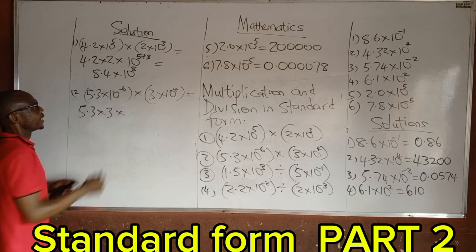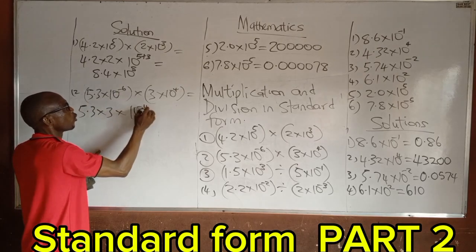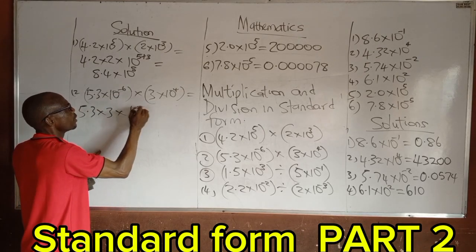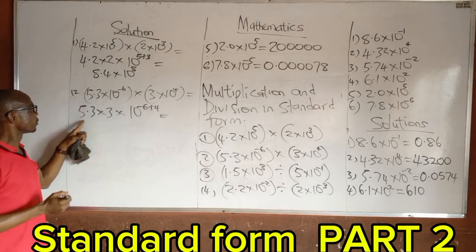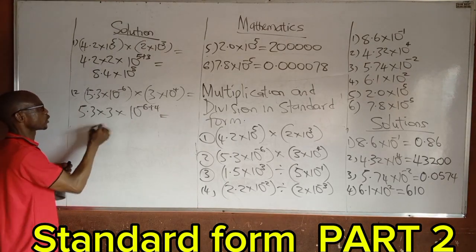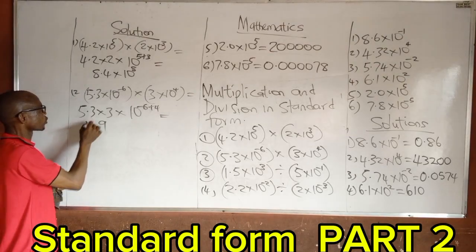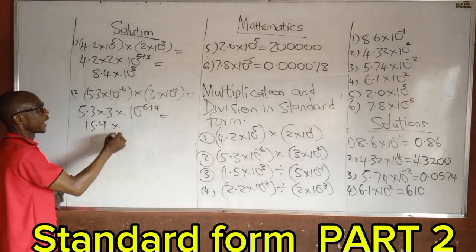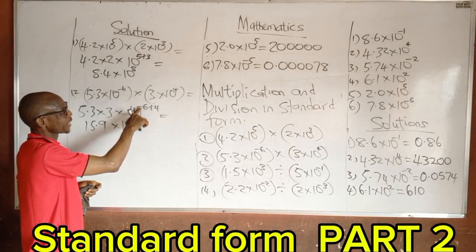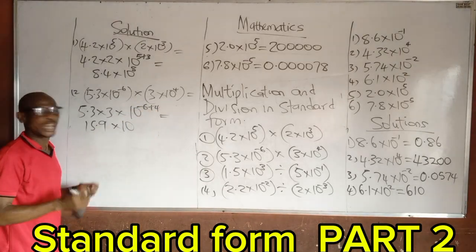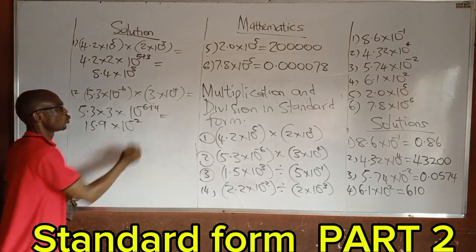Then our powers of 10, we add them: minus 6 plus 4. 3 times 5.3 gives us 15.9, times 10 raised to the power of minus 6 plus 4, which is minus 2.